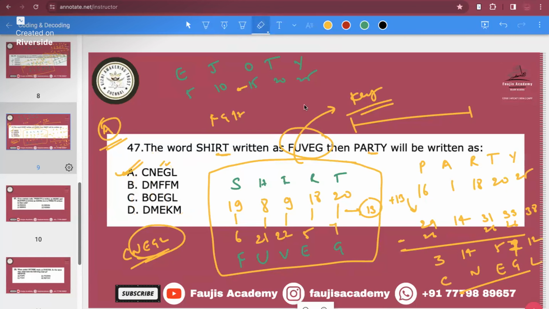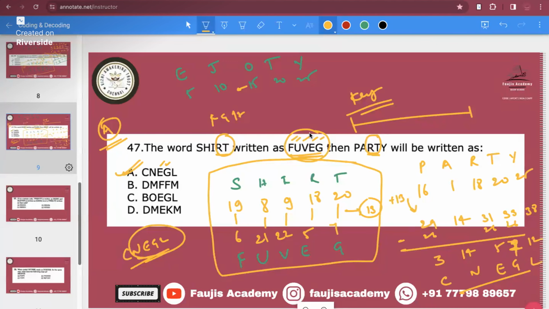So this is also good logic. What he is trying to say is that since R and T are common, there will be two letters in this one that are common to RT.